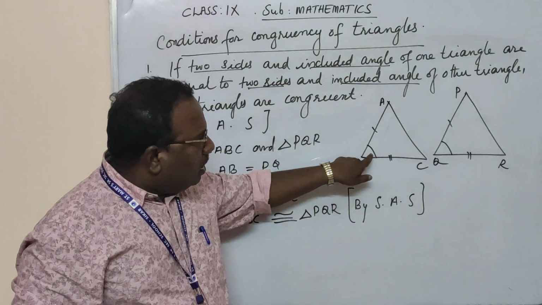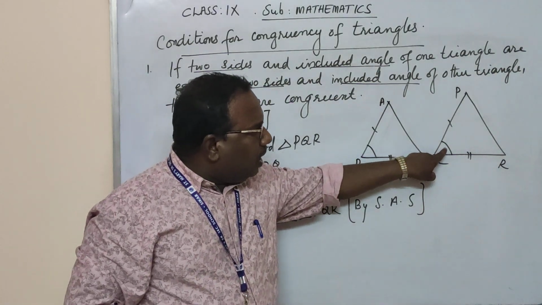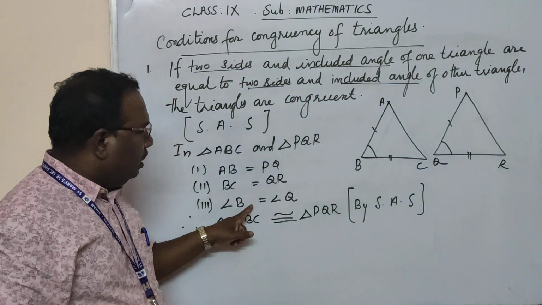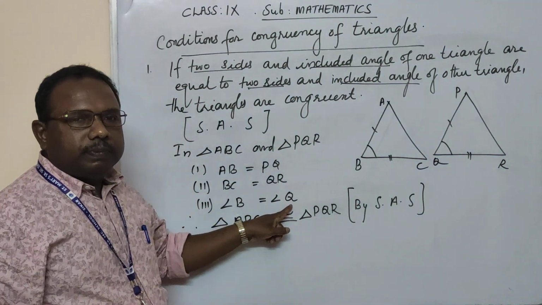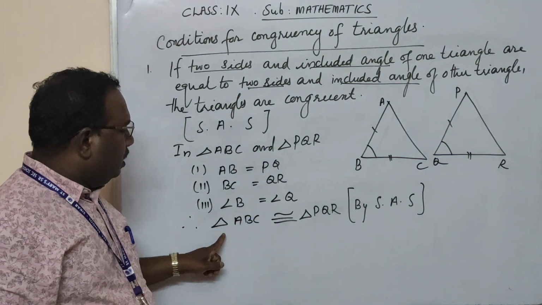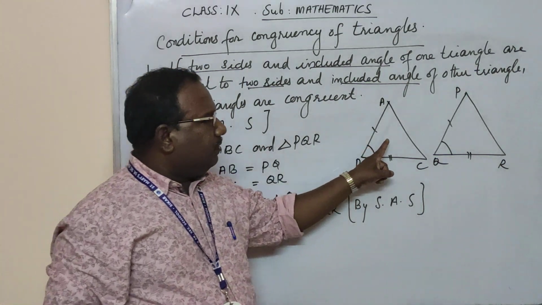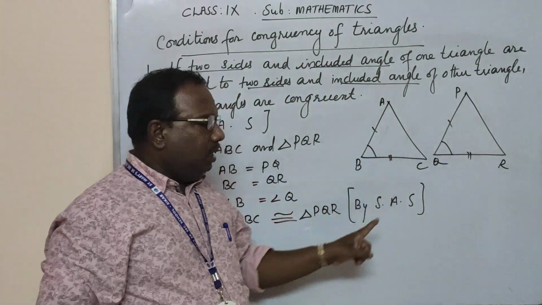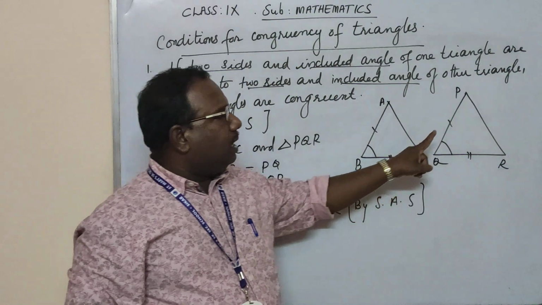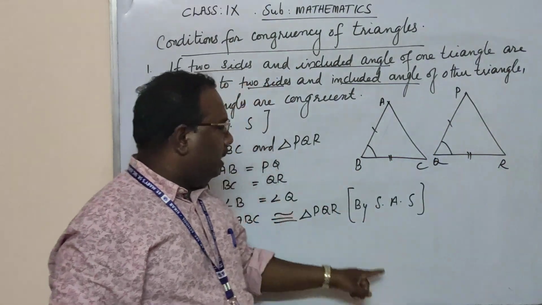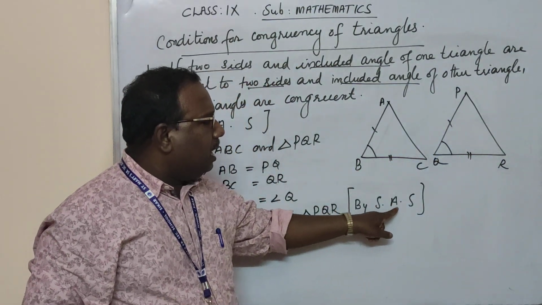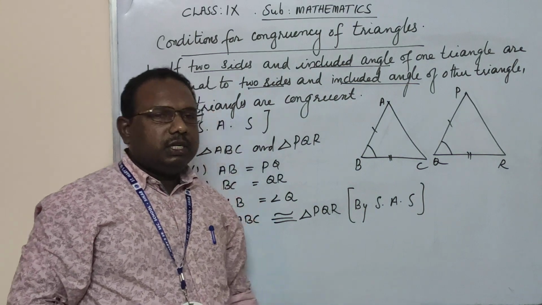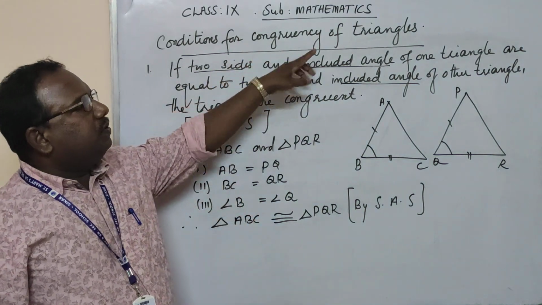Likewise, angle B corresponds to angle Q. Angle B is equal to angle Q. That is, triangle ABC, this first triangle, is congruent to second triangle PQR by SAS condition of congruency of triangles.